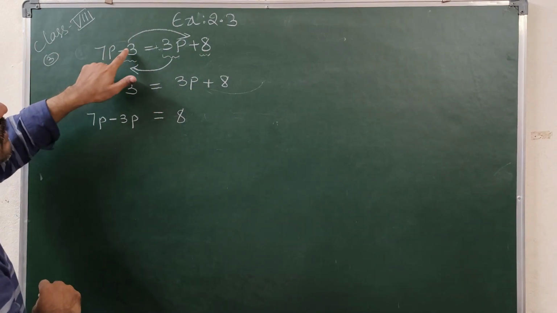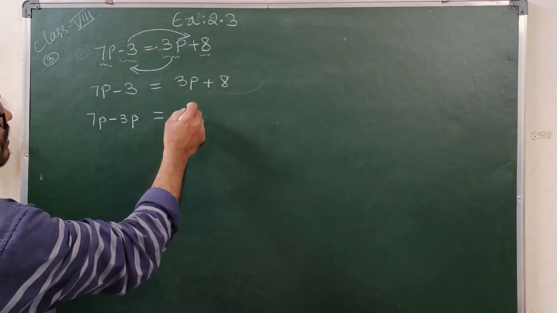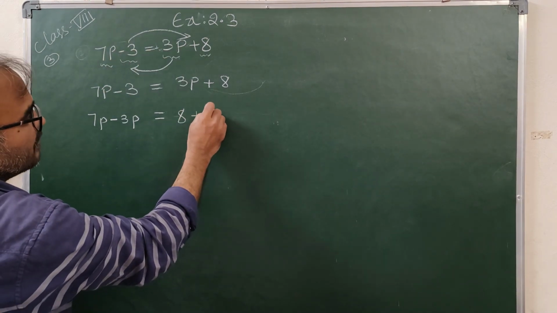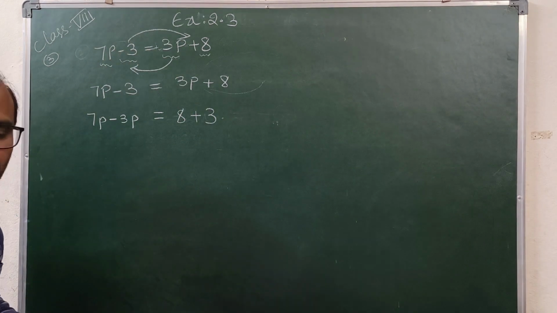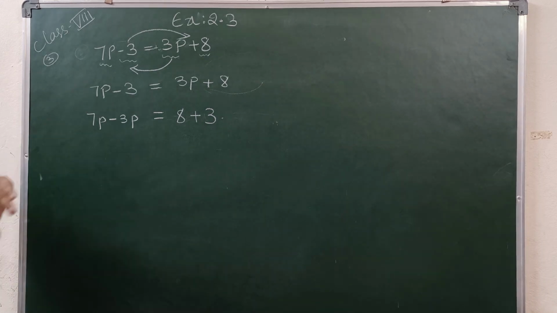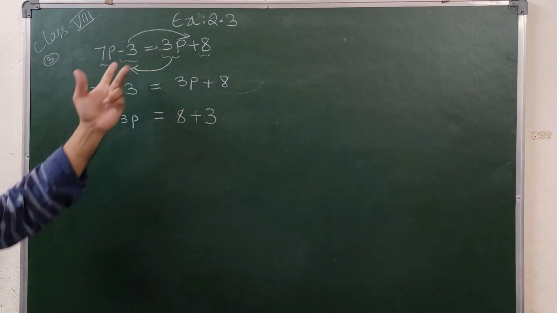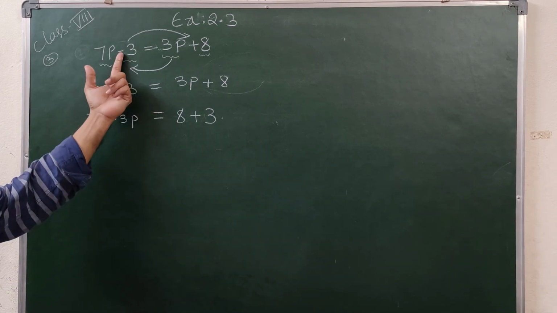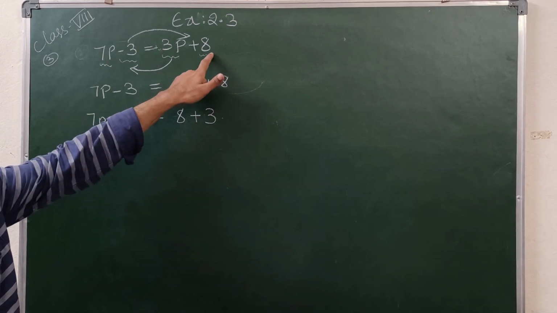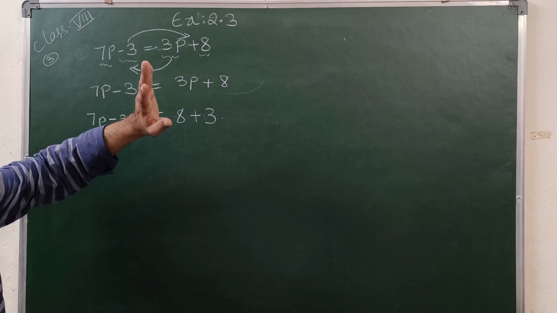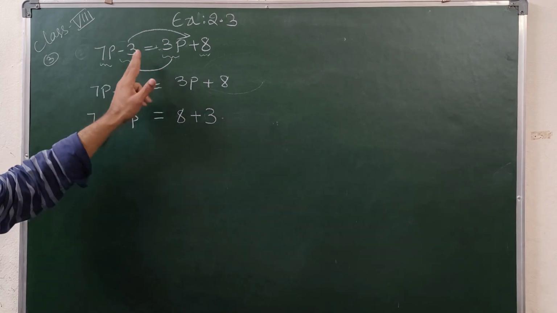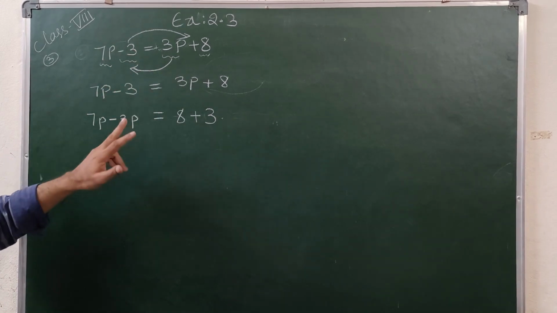Now you are taking this 3 to the other side, right? It will become plus 3. So if you observe this for some time: plus 3p on the right side is minus 3p on the left side, and minus 3 on the left side became plus 3 on the right side. That's it. You observe it. Just you change the symbol, right?